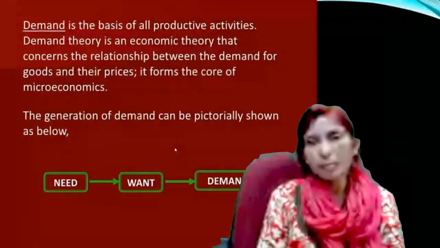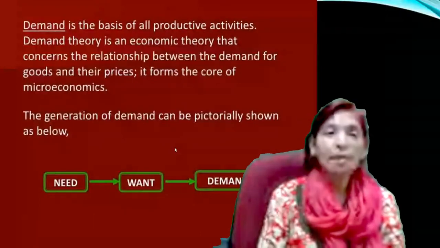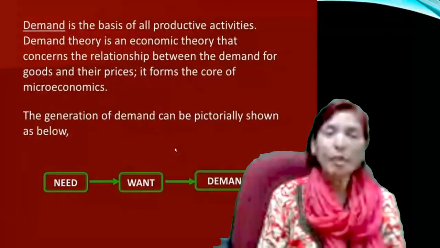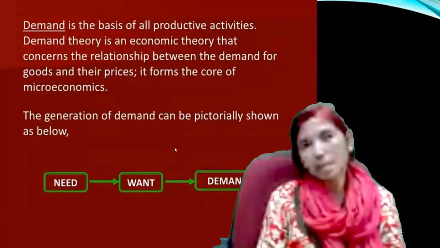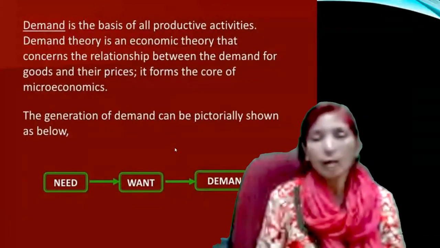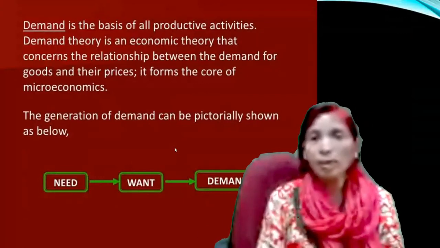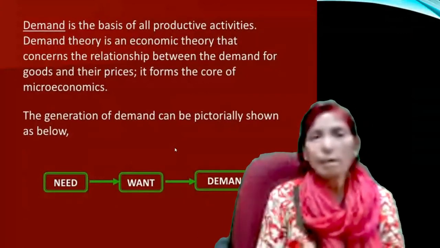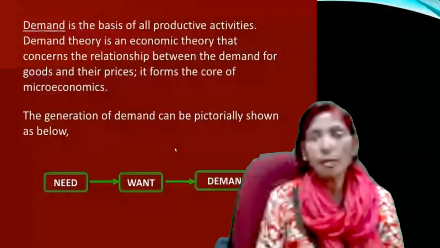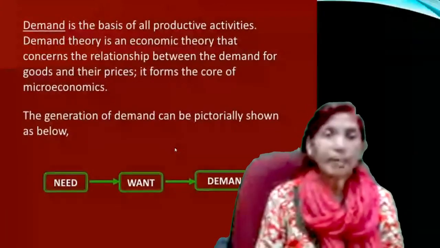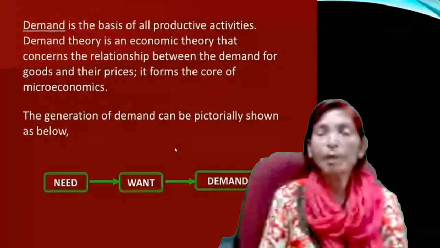Second is that the commodity should be available in the market. If the commodity is not available in the market, then how can you buy it? How can you satisfy your demand? Not possible. So desire alone will not be called demand. The second thing is that the commodity should be available in the market.